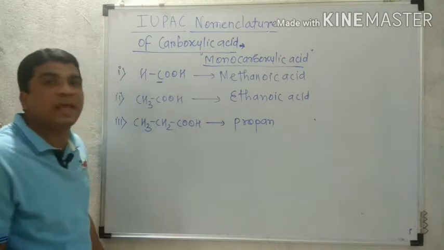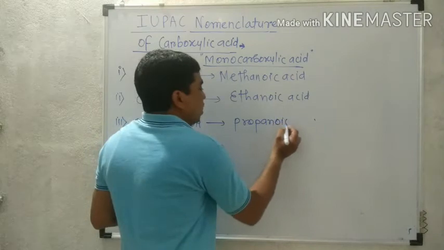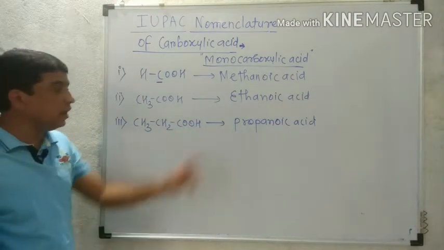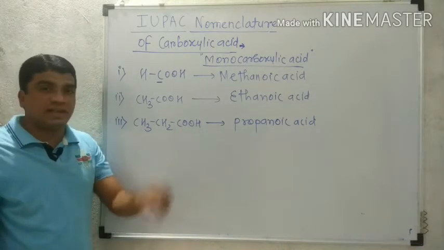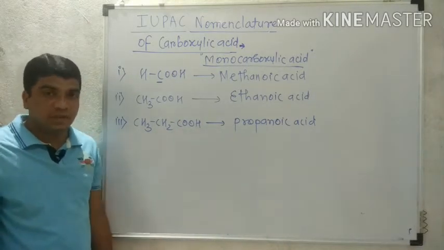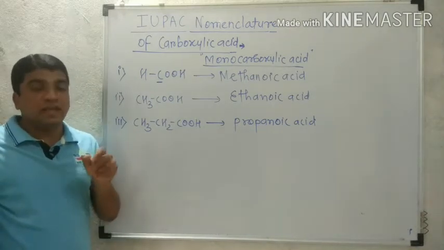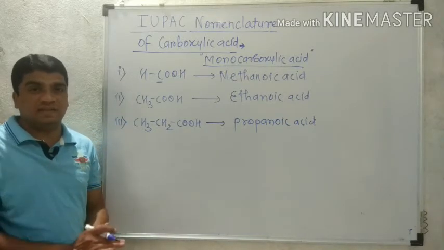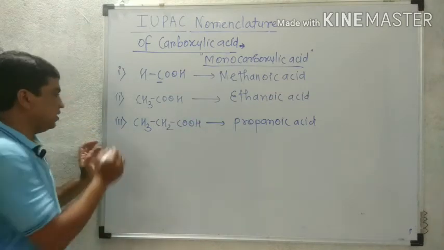Propan, because we replace the E. And here, adding OIC acid, it is propanoic acid in IUPAC. In the common name system, it is propionic acid. There is a difference between propionic acid and propanoic acid. Propionic acid is the common name, but propanoic acid is the IUPAC name.